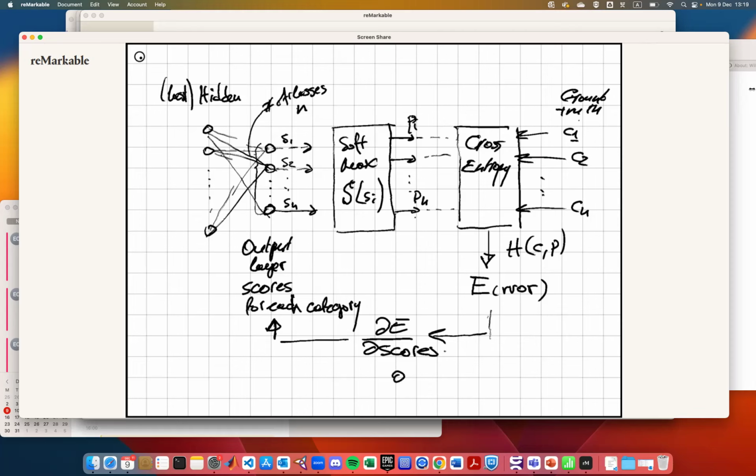So dE by dp, all right. So this will be our first derivative.